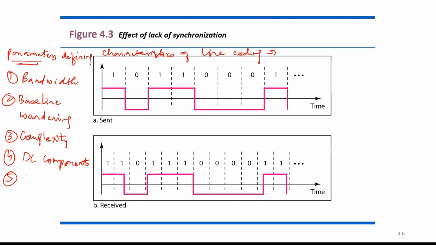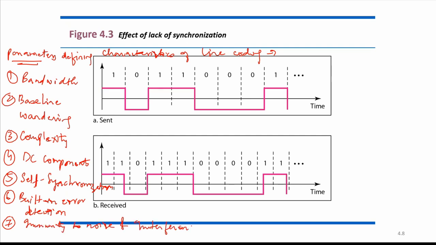One is called self synchronization. Next is called the built-in error detection. And the seventh, we can name it immunity to noise and interference.